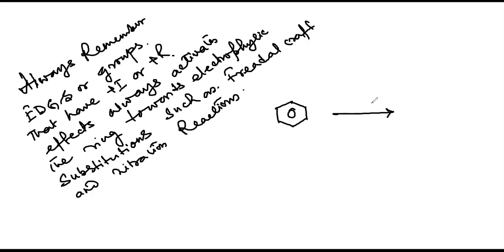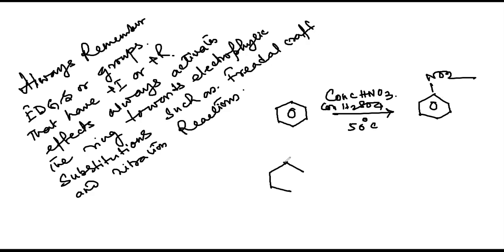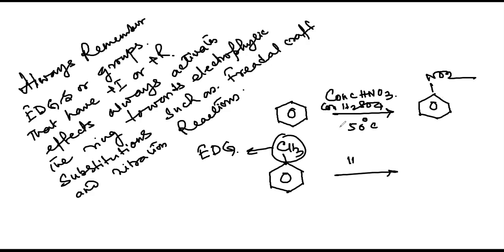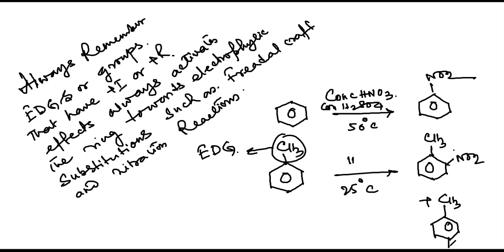You can see here, whenever benzene is treated with concentrated HNO3 and concentrated H2SO4, mild heating at 50 degrees centigrade is required to produce nitrobenzene. But when toluene is present, we know that this is an electron donating group. So whenever you give the same reaction at 25 degrees centigrade, two products will be obtained: ortho-nitrotoluene and para-nitrotoluene.